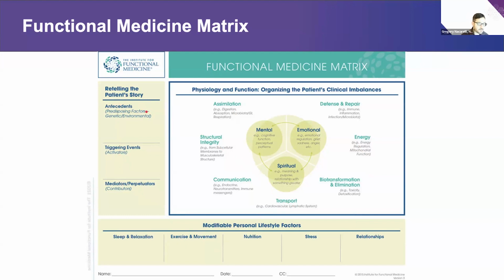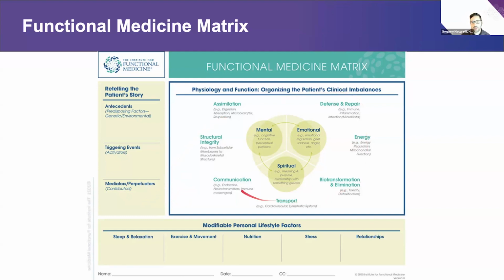They could be genetic, they could be an in utero environmental exposure, things that essentially happen early in life, generally speaking. There are the triggering events. These are things that have a distinct start and finish, that could be predisposing somebody for illness, for example. They got into a car accident and they haven't been the same since. And then there are mediators, perpetuators, things that are ongoing and contributing to poor health states, such as continual stress at work, things of that nature.